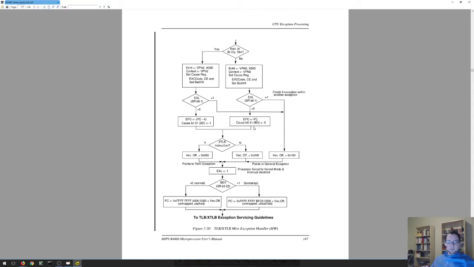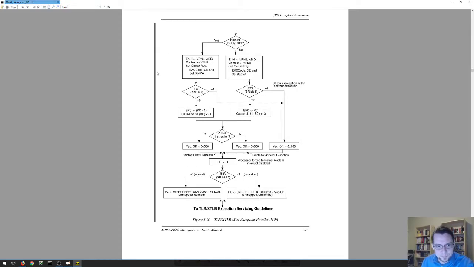I'm not expecting you to look at these completely or understand any of this in detail. My whole point is that complicated stuff happens on exceptions, for real. You need to save state, set up all kinds of cause bits, and set up context so the exception handler knows what to do.